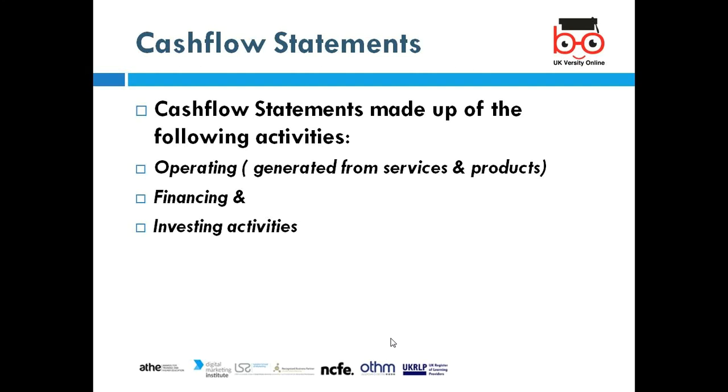So the cash statement is made up of the following activities. During our second lesson, we discussed different sorts of financial statements. To make a budget or cash forecast, we can look at where the cash is being used in the statement. We have operating activities, generated from the service or product that is our normal business.